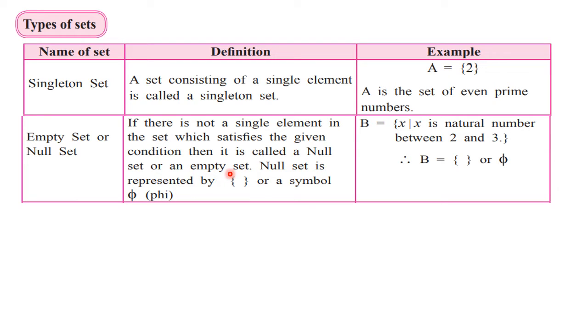Null set or empty set. Now to denote this set symbolically, you can use this symbol: the curly brackets, just the open curly bracket and close curly bracket, nothing to write inside. Or one more symbol is there, this round with a vertical line on it. This symbol is called phi.